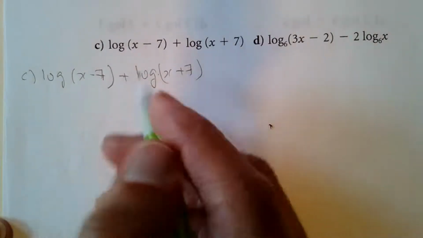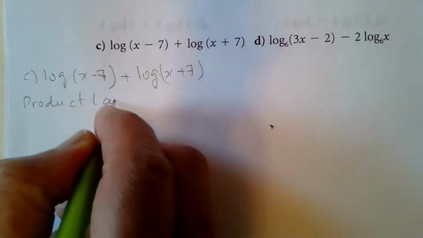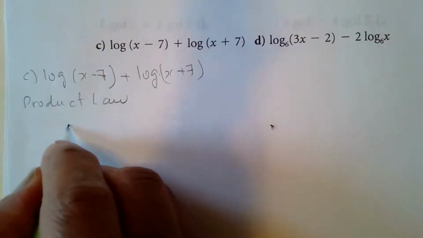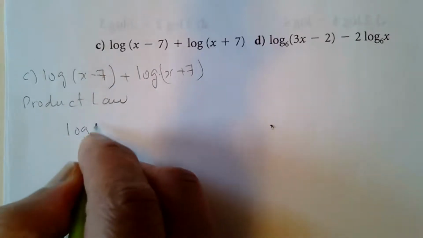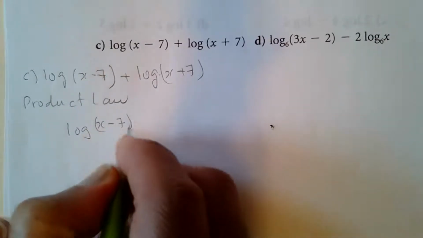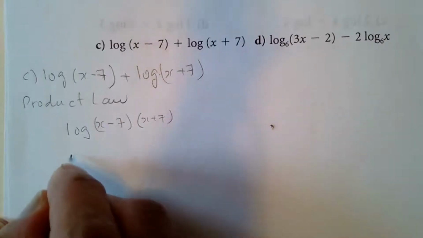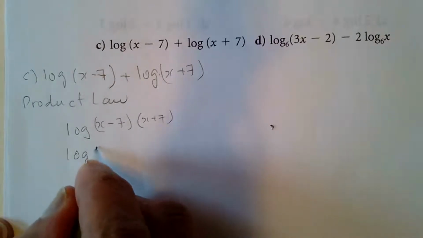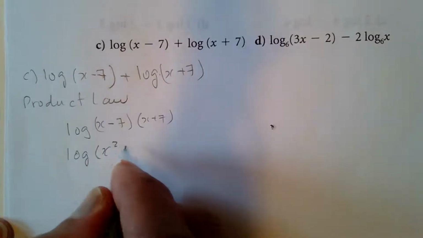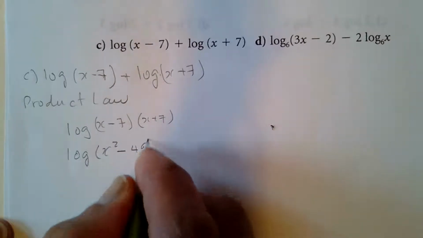We're adding, so we'll use the product law. So we have log. Now this is log base 10. So we have x minus 7 times x plus 7, which gives me log of x squared minus 49. The difference of squares, so this is pretty straightforward.